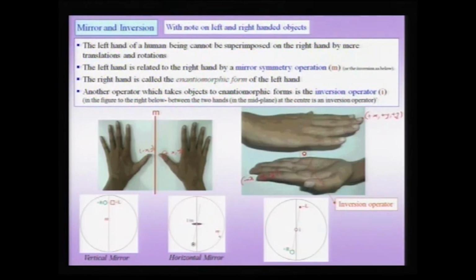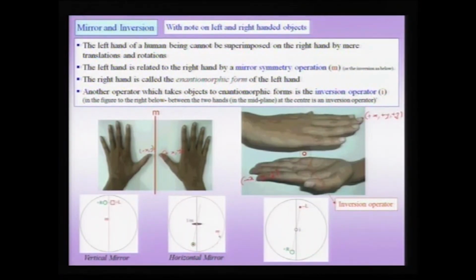This is also shown in the diagram right here below. If I start with a vertical mirror here and a right handed object which is above the plane of this sheet, then the right handed object is taken to a left handed object by the mirror plane.